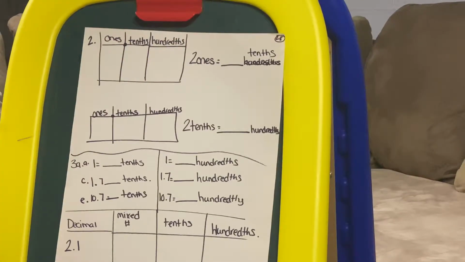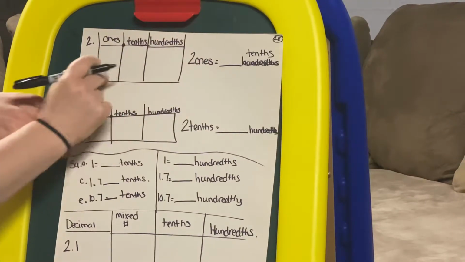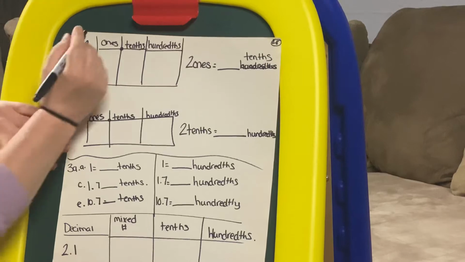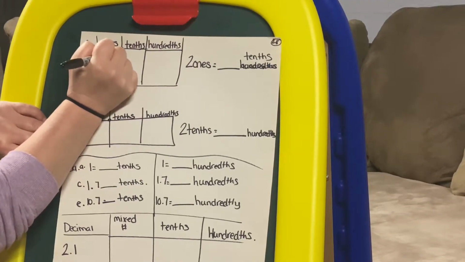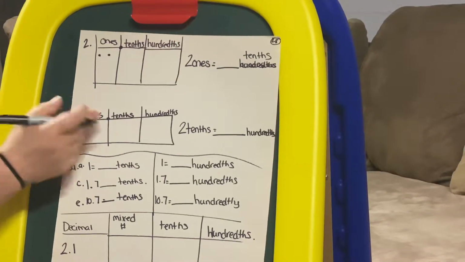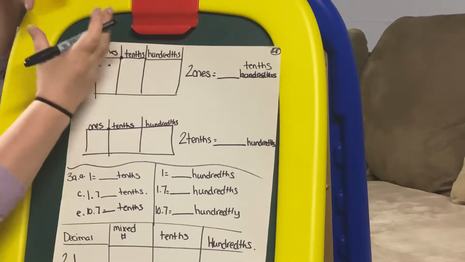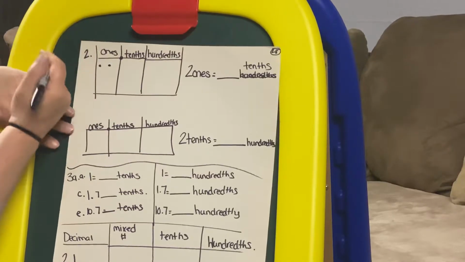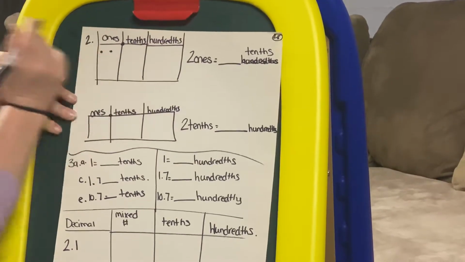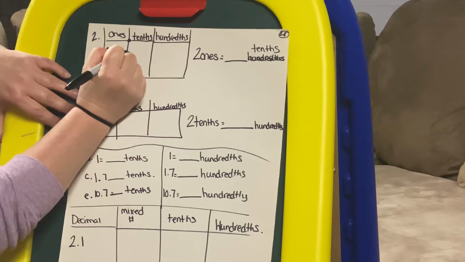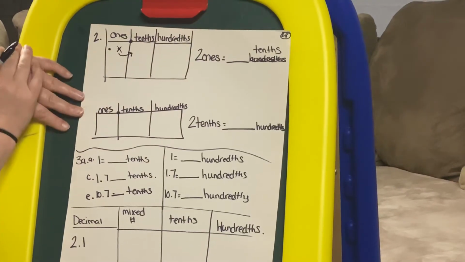Now, the first one, number 2, shows me 2 ones, and it wants you to equal tenths. So we would draw 2 ones. Now we have to move it to the tenths. Just like we did when we were grouping and moving within our place value chart in the whole numbers, we don't have enough to group here. So we need to move them backwards into my tenths position.